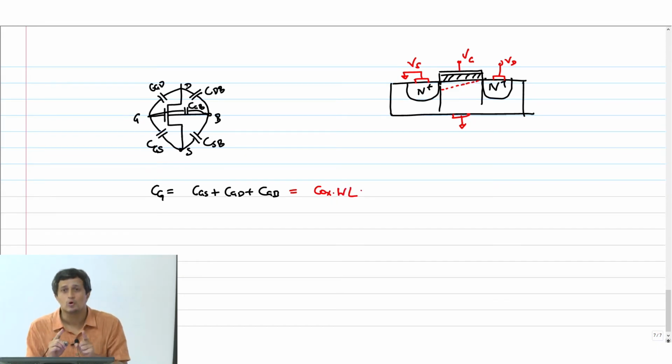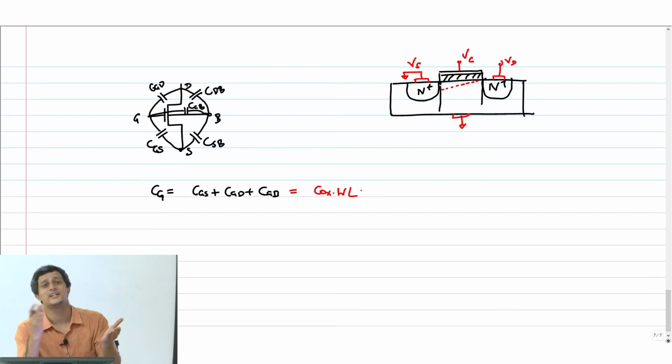But if you look at the distribution across various regions, in cutoff for example, CGB will be the whole of C naught and CGS and CGD will be 0. This is just a distribution model that people have done. It's more relevant for analog designers, not for digital. In the saturation region, CGS will be more, CGD will be less and CGB is just made 0.